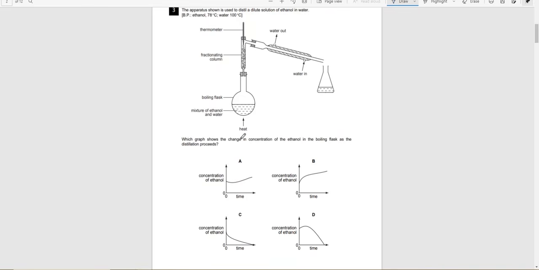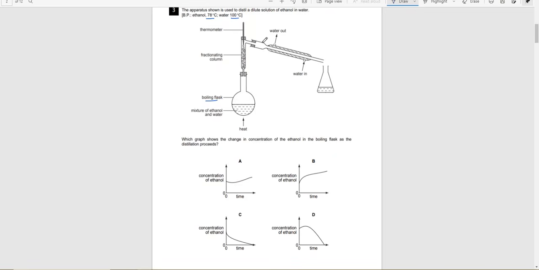They're asking about the change in concentration of ethanol. The boiling point of ethanol is 78 degrees Celsius. The boiling point of water is 100. So ethanol is going to boil and enter the condenser. If they are asking about the change in concentration of ethanol in the boiling flask, obviously the concentration of ethanol is going to decrease because it has a lower boiling point.